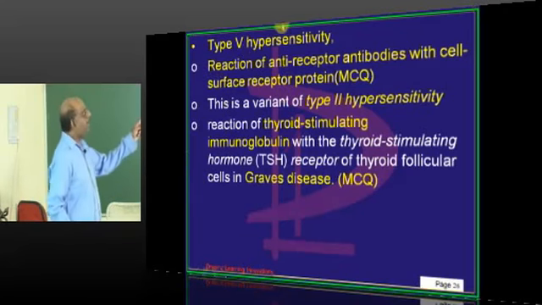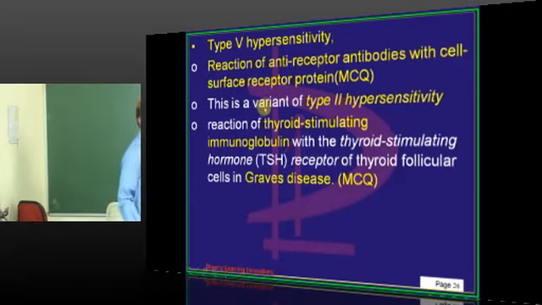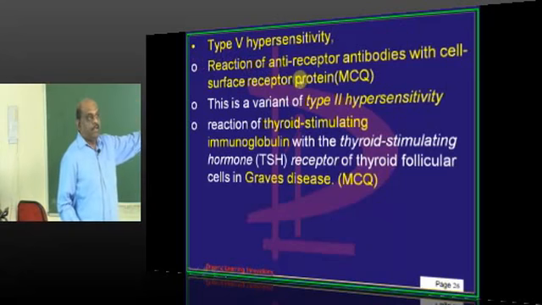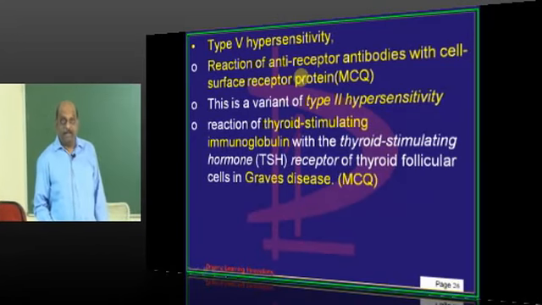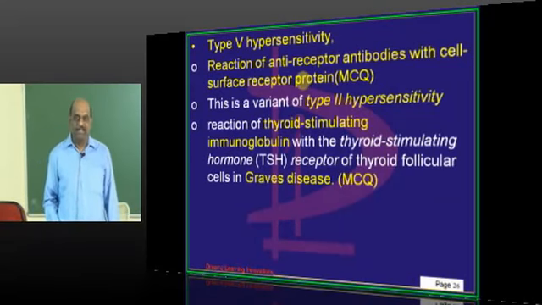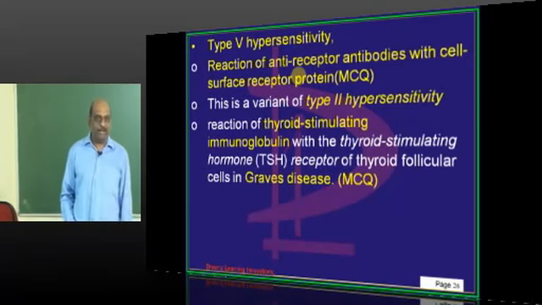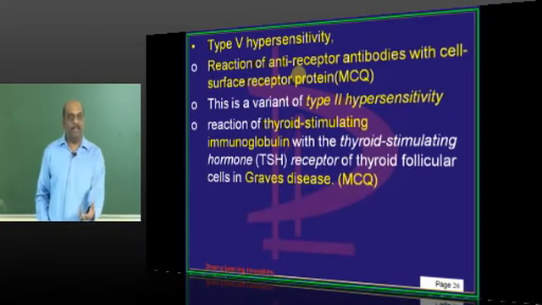Now doctor, type 5 hypersensitivity. What is the meaning of it? There will be anti-receptor antibodies. But don't confuse it with myasthenia gravis. Myasthenia gravis is also an anti-receptor antibody, against the nicotinic receptor of acetylcholine in the post-synaptic area.